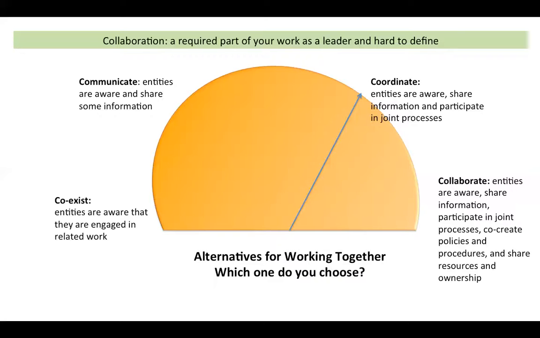If we're working so closely together that we're defining goals and expectations that will be implemented across agencies, creating policies and procedures that are effective across agencies, and sharing resources and ownership, maybe saying, you know what, not only am I going to work on this project with you, but my agency is going to pay for 20% of this piece, and your agency is going to pay for 30% of this piece.